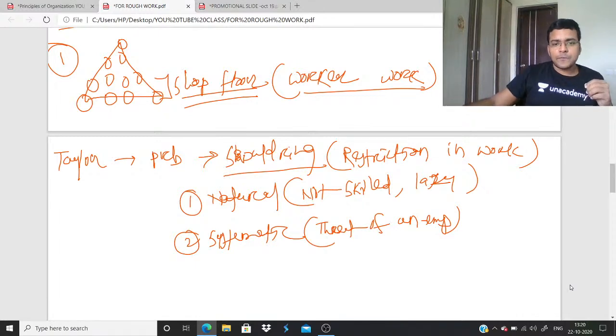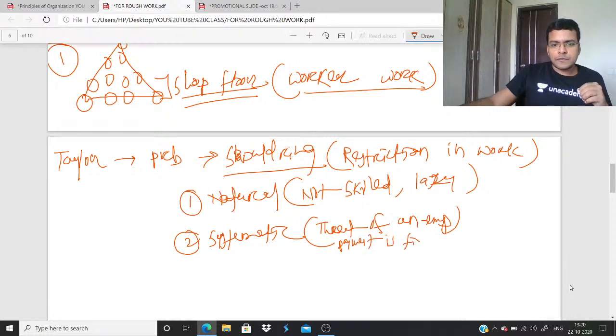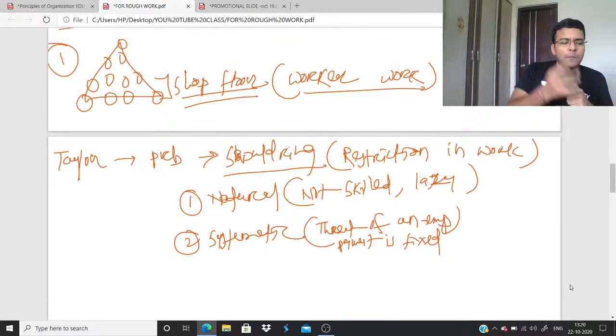And second thing, payment is fixed. That means you are getting, for example, a government job. In a government job, people are getting salary whether they work or not. So it is systematic soldering.